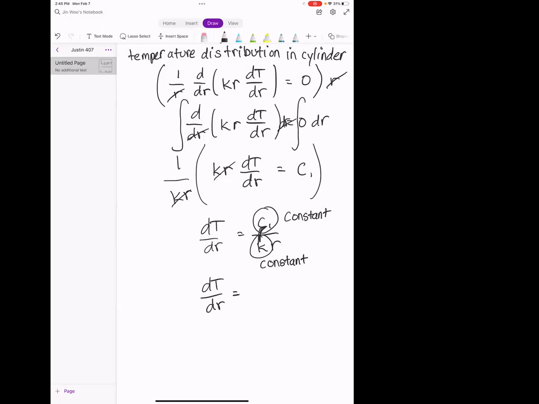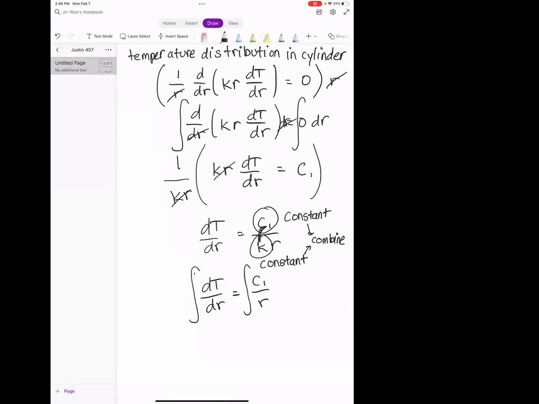In the end it's not going to matter, because when we solve for C1, it's going to take that value of k into account. So we're going to have C1 divided by r. I'm basically just combining those two values.